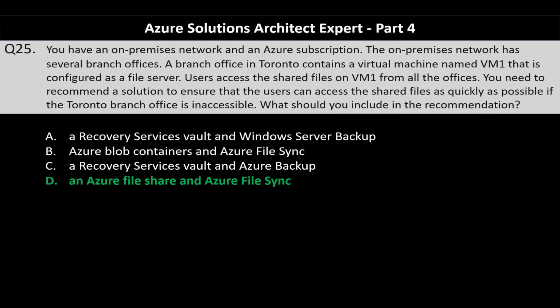And Azure File Sync allows you to centralize your file share in Azure and sync files from your on-premise VM to an Azure file share. In case the Toronto branch office is inaccessible, users can access the files directly from the Azure file share without interruption. By caching frequently accessed files in Azure, Azure File Sync ensures that users can still access important files quickly.